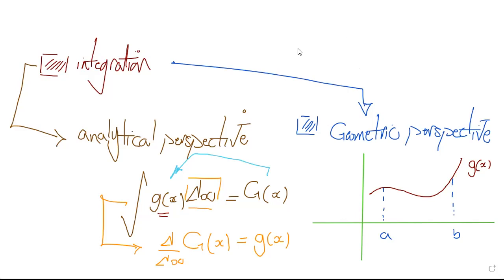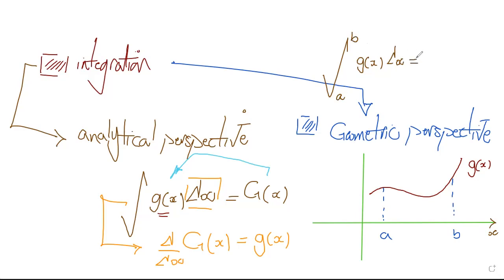Then the geometric perspective, what did it say? It says that the integral of the same function, g of x, dx, because why do we call that dx? Because we notice that the variation happens with respect to x. But from the lower limit a to the upper limit b, in this interval, the function is continuous.